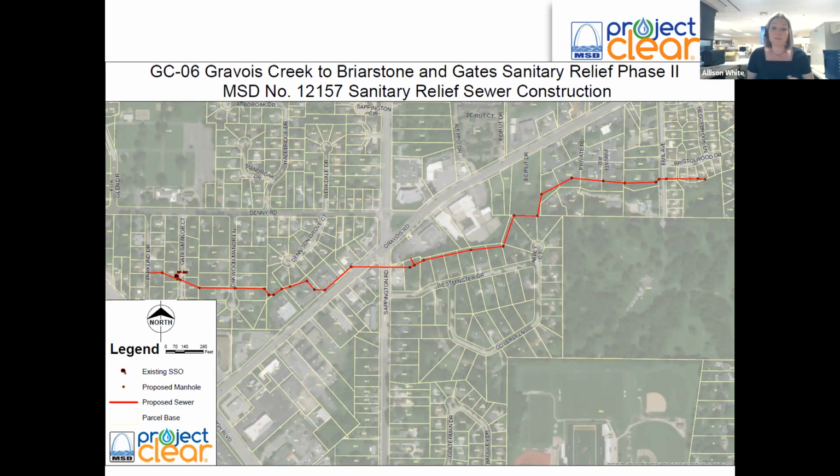So this is a pretty sizable project. On the next slide, we'll go over some facts, but just as a visual depiction, you can see that on the left-hand side of the screen is the upstream end, going all the way down to the right-hand side to the downstream end of the system. So we are going to be impacting some private properties and roadways, the most impactful being Sappington and Gravelway Crossing.